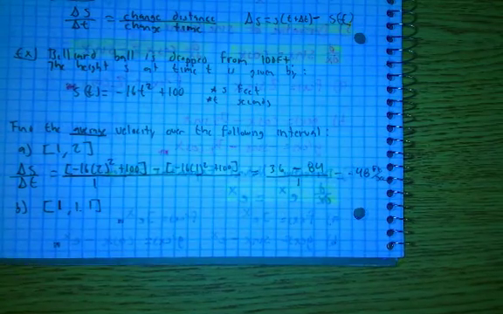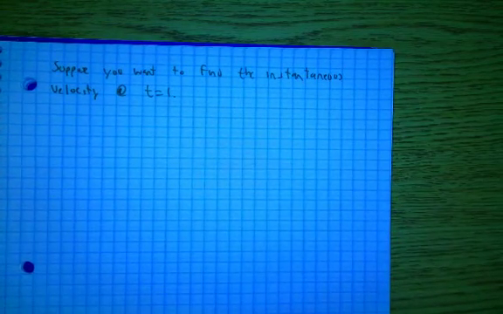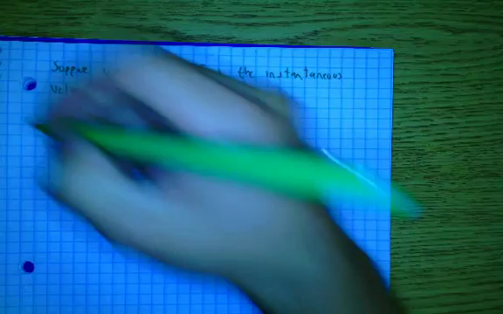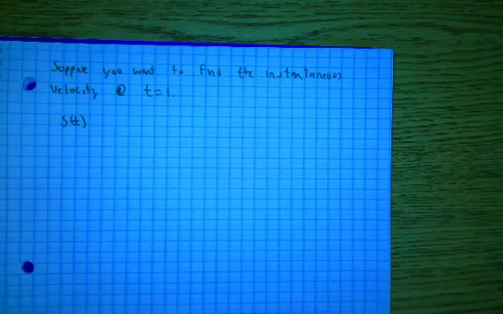Alright, so suppose now we're going to find the instantaneous velocity at exactly 1 second. Okay? We're going to use calculus for it. So let's talk about it. This is very similar to the tangent line problem. So think about that. So we have the position formula, right? We have s of t. What can you do to the s of t to find the instantaneous velocity?